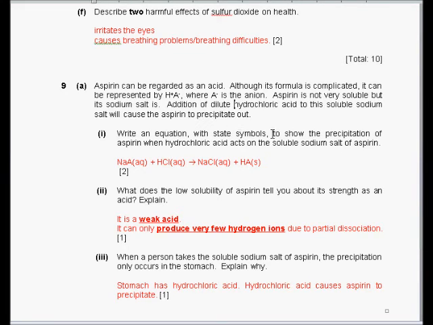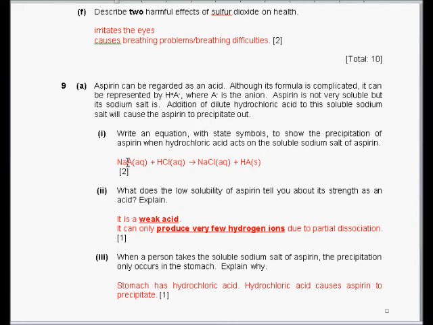Write an equation with state symbols to show the precipitation of aspirin when hydrochloric acid acts on the soluble sodium salt of aspirin. Which means the salt must have sodium, and the negative ion must be from the aspirin, which is A minus.